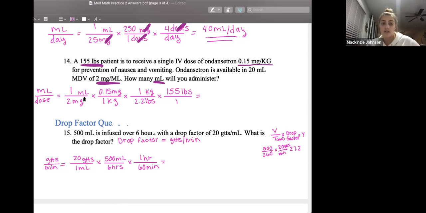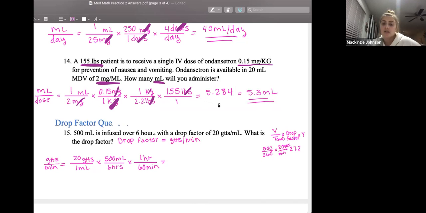Now we've crossed off our milligrams and our kilograms. Then the patient weighs 155 pounds. Now we've crossed off our pounds and we're left with milliliters. Then all we have to do is multiply across and divide. So we're left with 5.284, which they don't tell you this, but they want you to convert to 5.3.